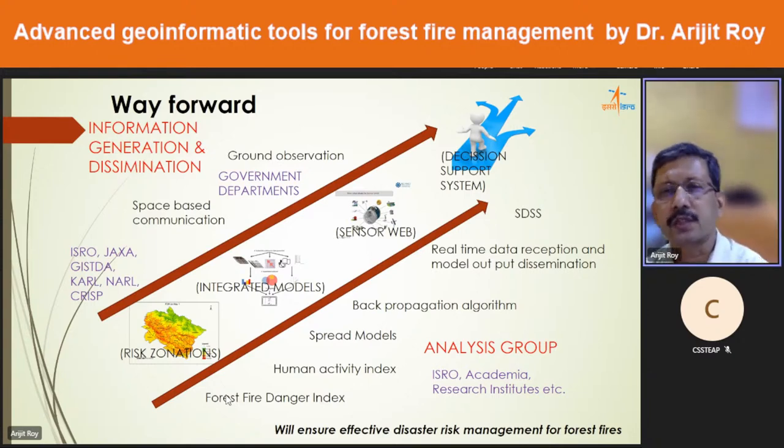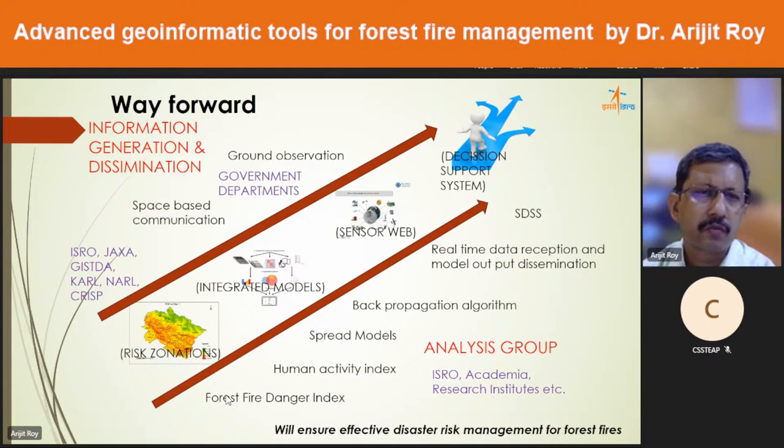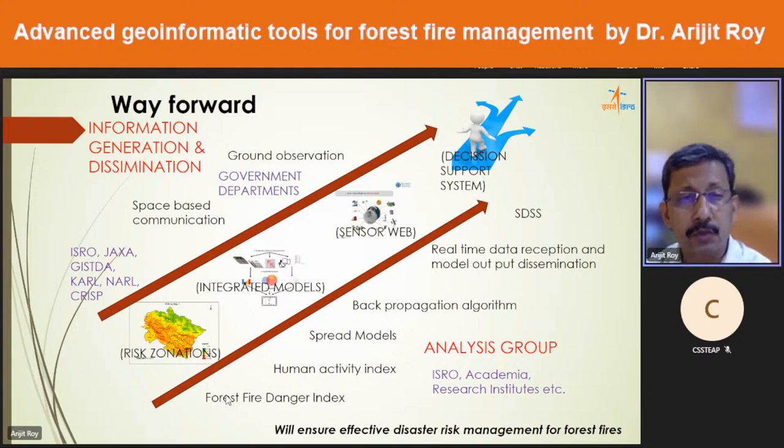So for this, we need a sensor web, which can help us in developing a decision support system. But this cannot be done by one organization alone. Here, we need information from the space-based communities, especially for information as well as communication, and also from the government departments in terms of ground-based observations.